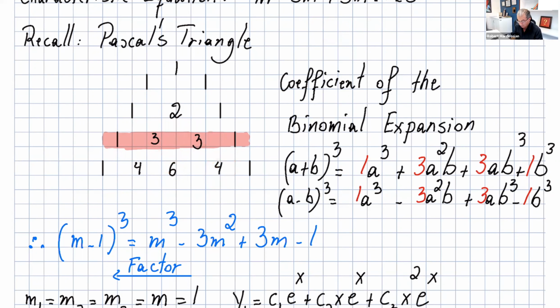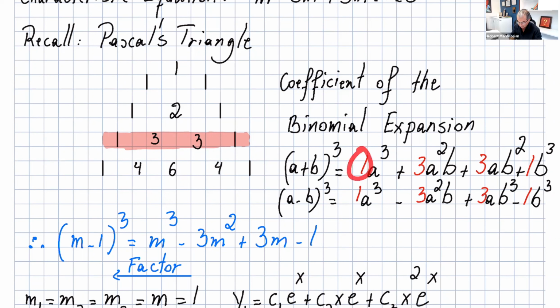What are those? These are the coefficients of the binomial expansion. I just picked this one because that's what we need. (a plus b) cubed is 1 times a cubed, then 3 times a squared b, plus 3 times a b squared, plus 1 b cubed.